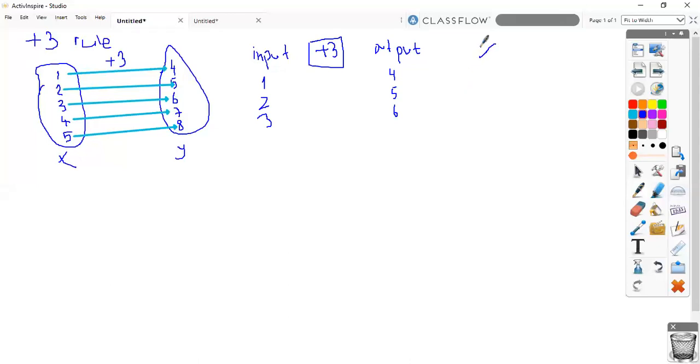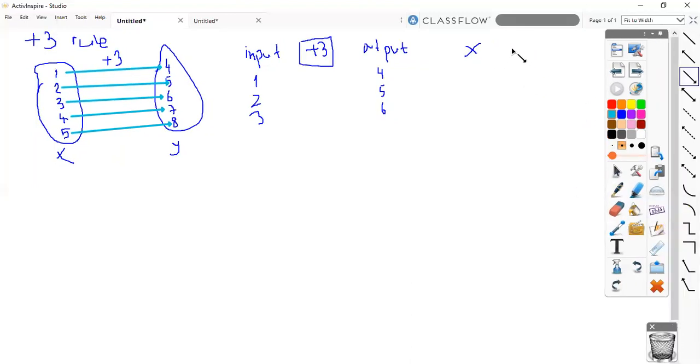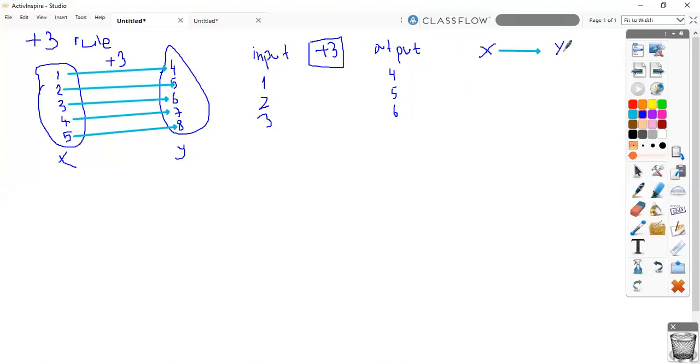Mapping was like this: x maps to x plus 3. Now here we have these points, and for 1, 2, 3, 4, 5, we have 4, 5, 6, 7, 8.